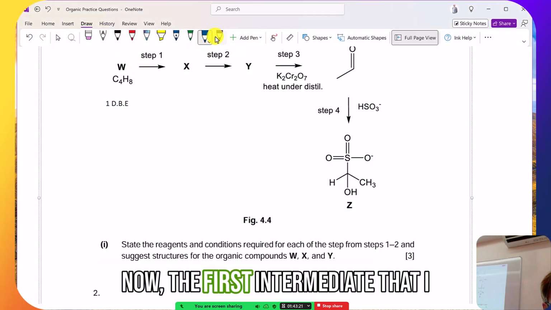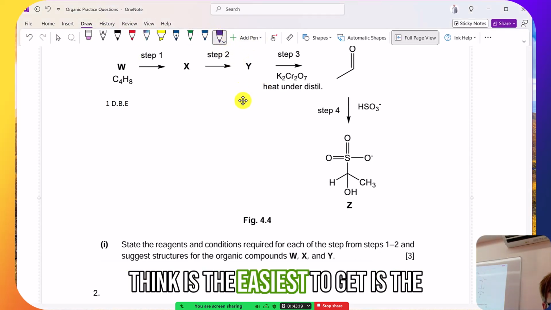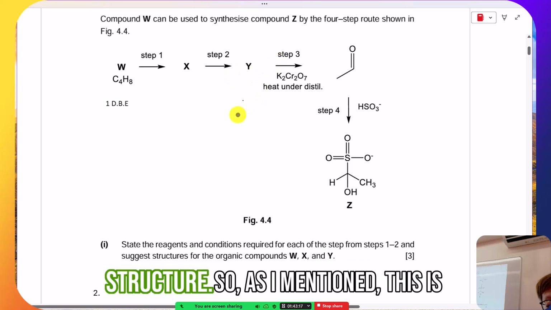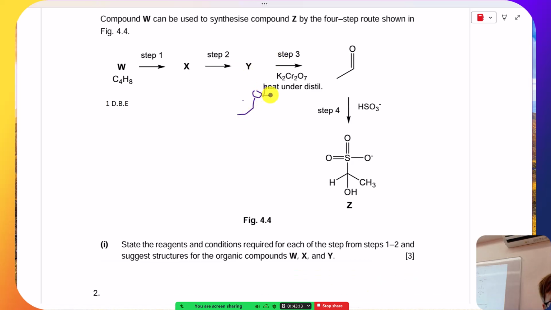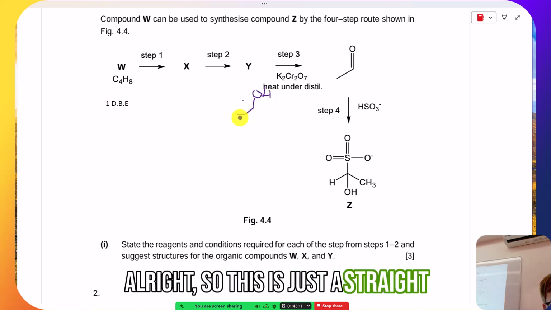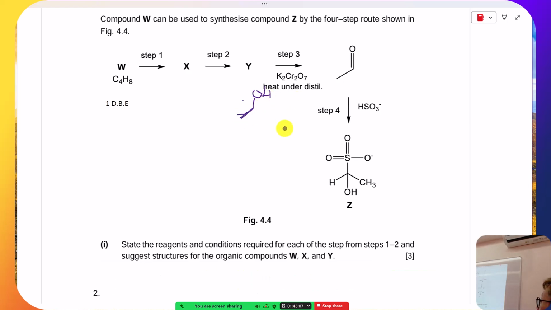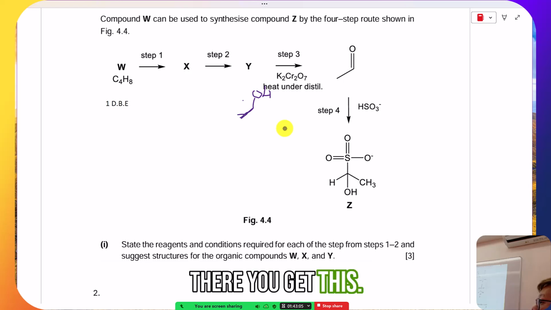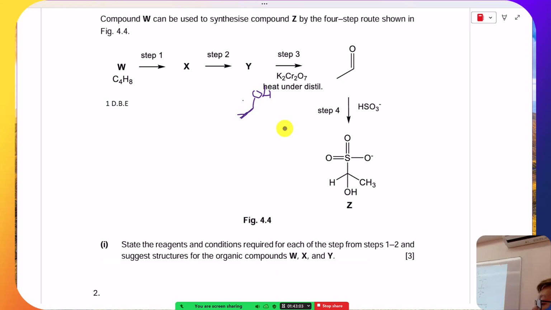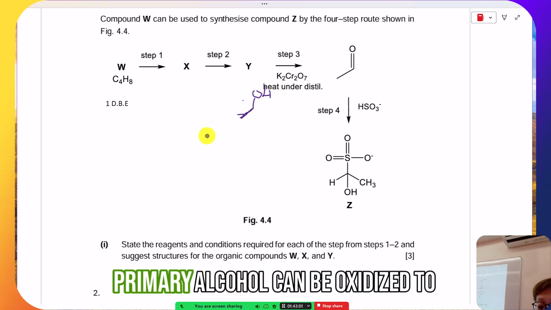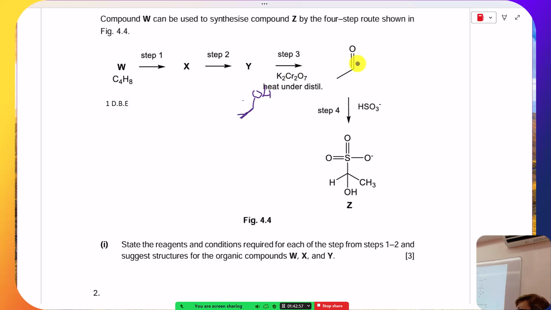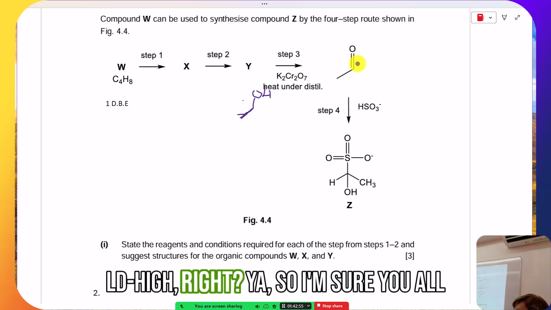Now, the first intermediate that I think is the easiest to get is the structure of Y. As I mentioned, this is a primary alcohol. So this is just a straight line. Follow? Structure of Y. Do you get this? Now, only a primary alcohol can be oxidized to an aldehyde.